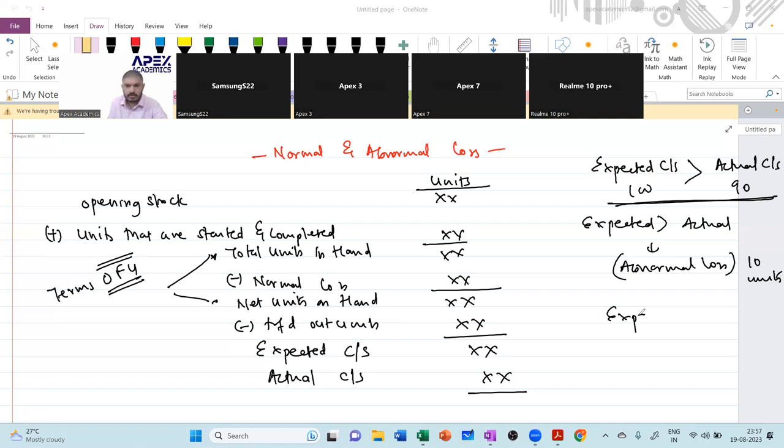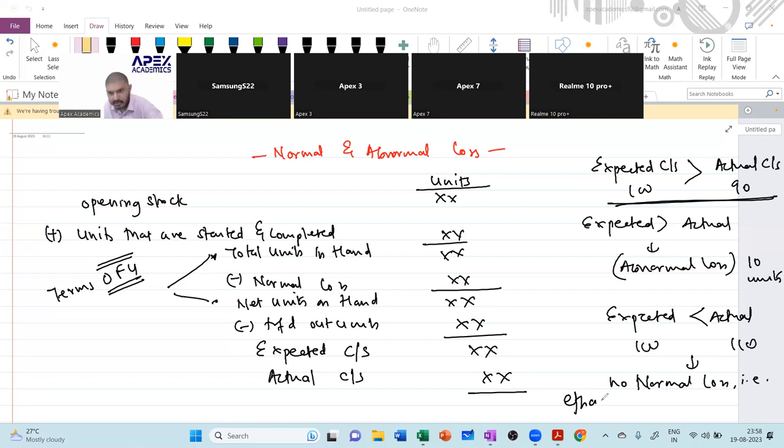Suppose your expected is less than your actual: you are expecting 100 units, but actually you have 110. This shows that efficiency is so high that normal loss is avoided. So what is happening because of this? You are saving these 10 additional units. That is your abnormal gain.